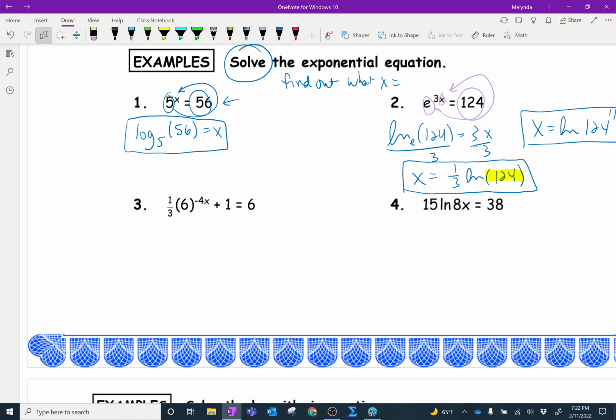All right, so let's make that note. So before we transform logs or exponentials into the other ones, either log or exponential.